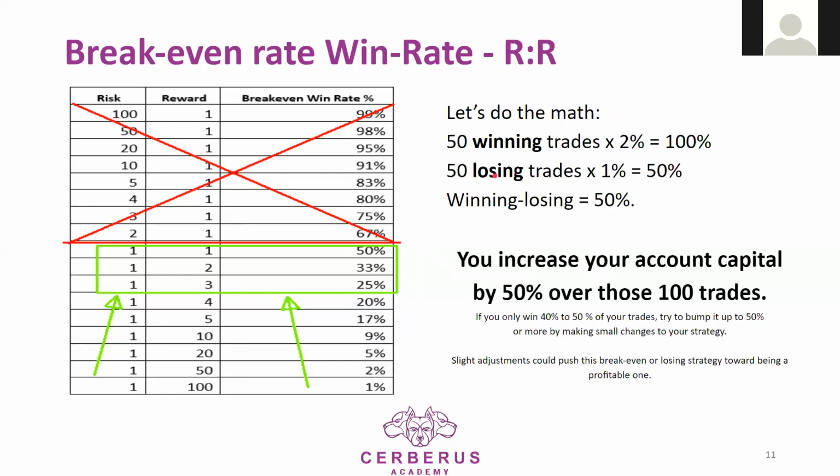And 50 losing at 1%, I have 50% loss. Well, winning minus losing is 50%. It means that I increase my account by 50% in 100 trades.